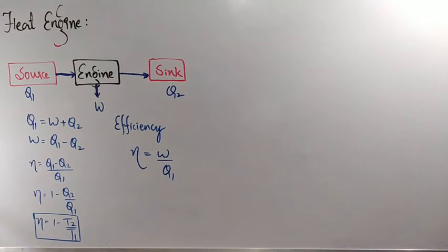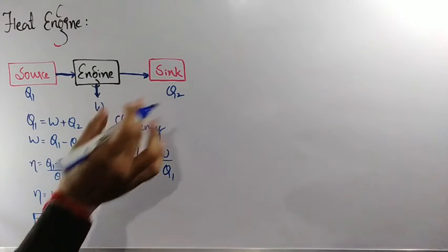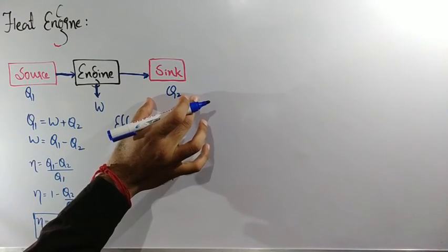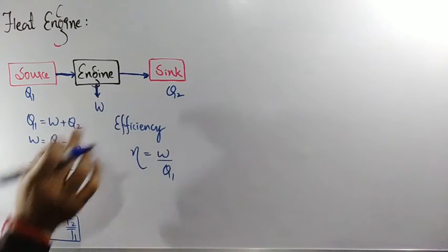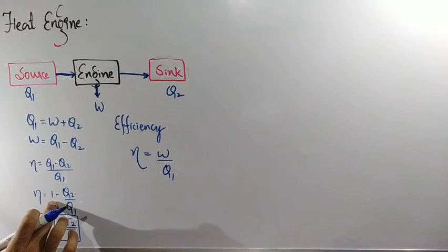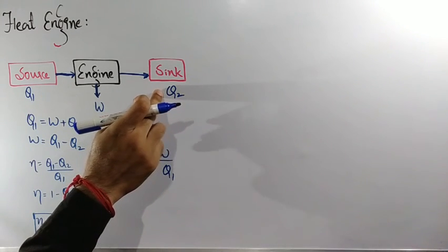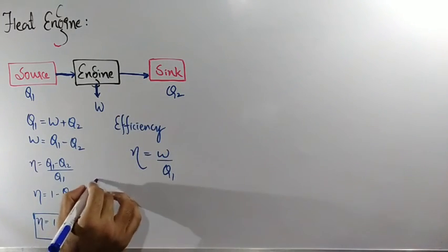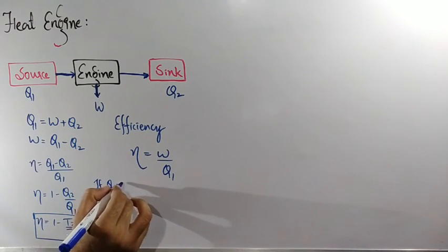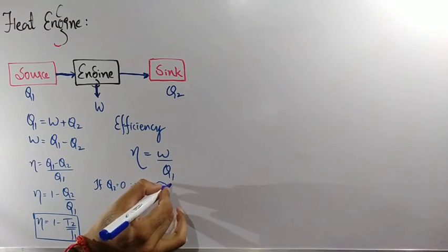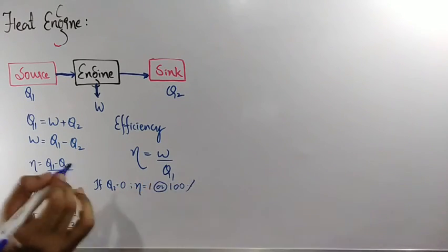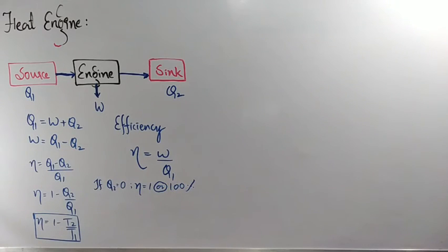Now here, if the Q2 value is equal to 0, that means no heat is going to the sink, so the heat we are sending is completely utilized in doing work. Efficiency will be 100% because no heat is lost to the sink. So if Q2 is equal to 0, eta will be equal to 1, or 100% after multiplying by 100.